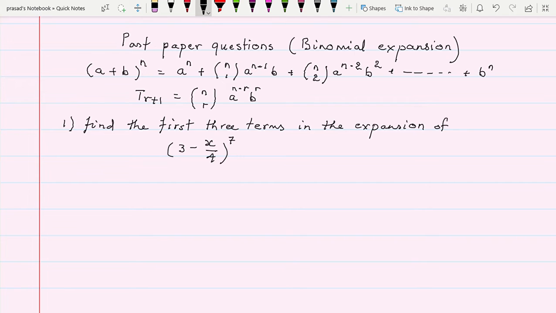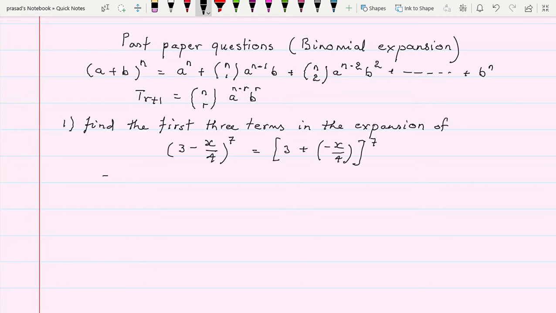So I'll first write this as 3 plus negative x upon 4 to power 7 to get it in the form a plus b to power 7. So a will be 3, b will be negative x upon 4.